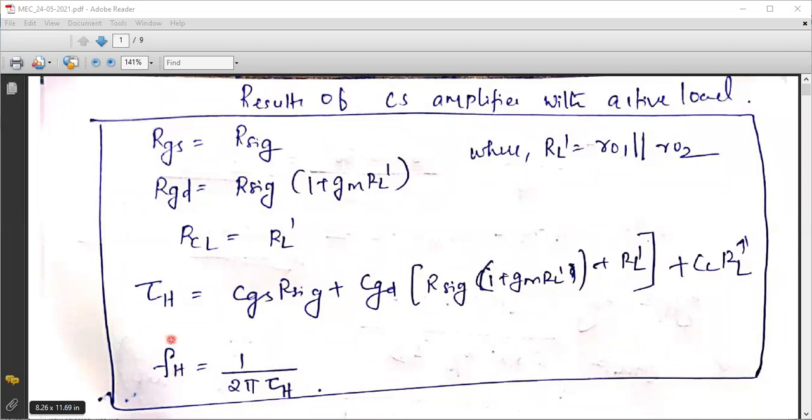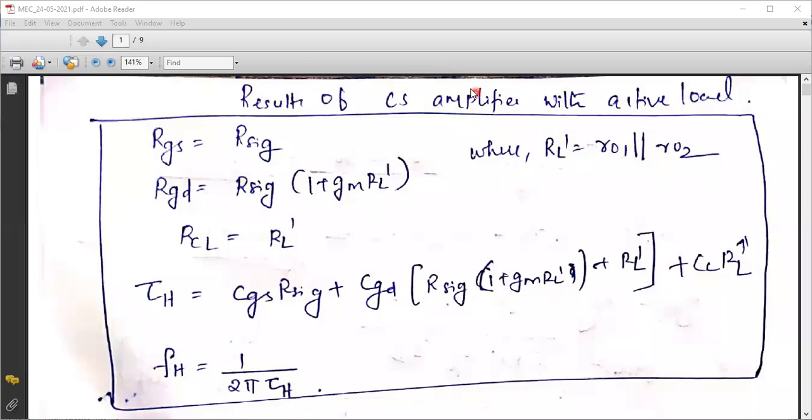That is the analysis of a common source amplifier with active load. Please recall the concept of active load. In active load, you will be having three transistors Q1, Q2, Q3. Q1 is an amplifying transistor from which you take the amplified output. The drain terminal of Q1 is connected to an active load comprising Q2 and Q3 together.